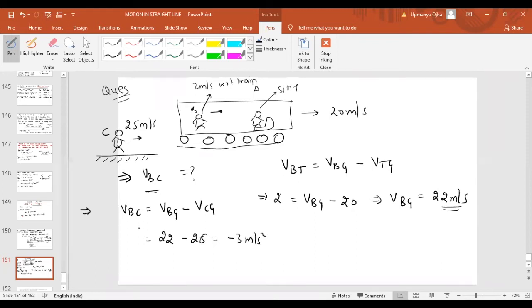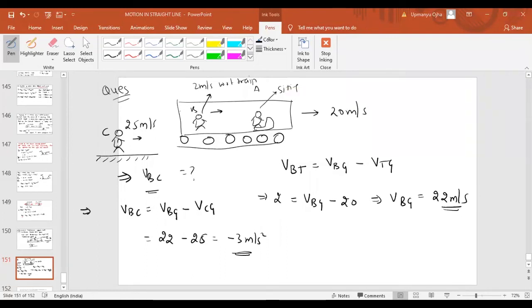So what will C observe? C will observe that B is moving towards him with a speed of 3 meters per second. That is why the minus came. I hope you understood this.